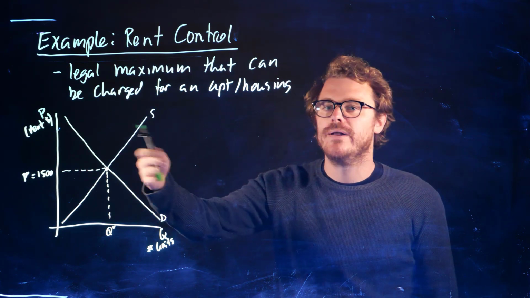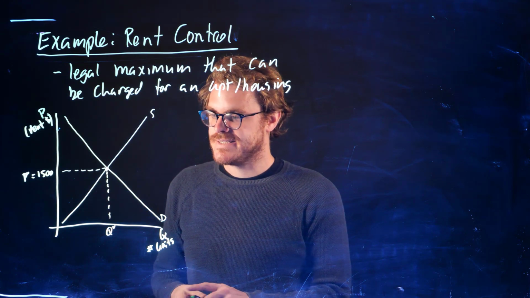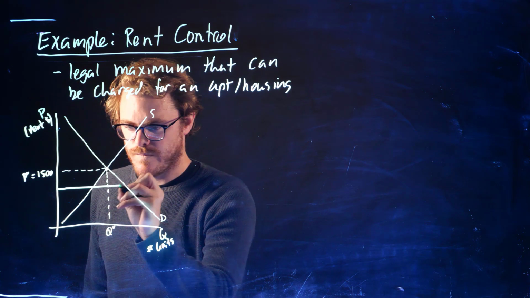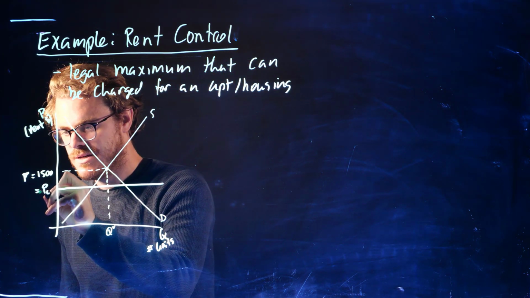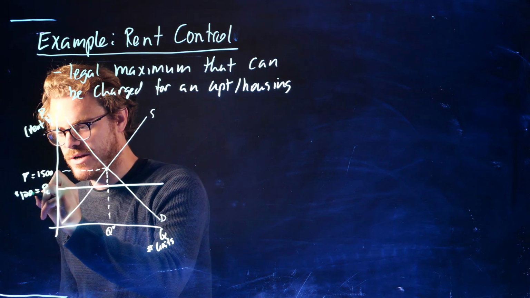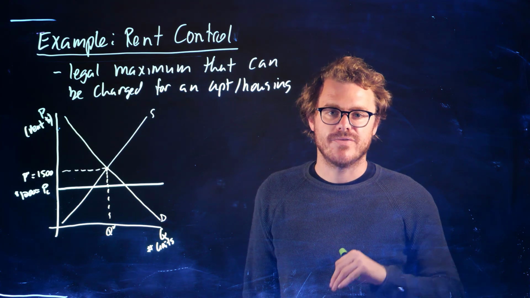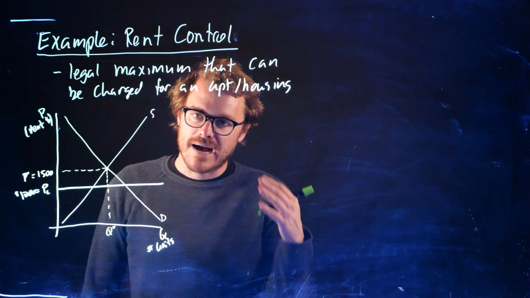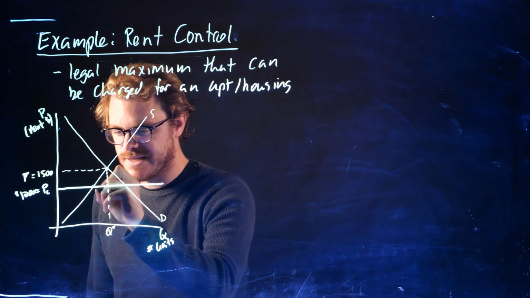And then let's say the government comes along and sets a price ceiling or rent control, and that equals $1,200 a month. So the government's saying this is the most you can charge in rent every month for a 1-bedroom apartment.